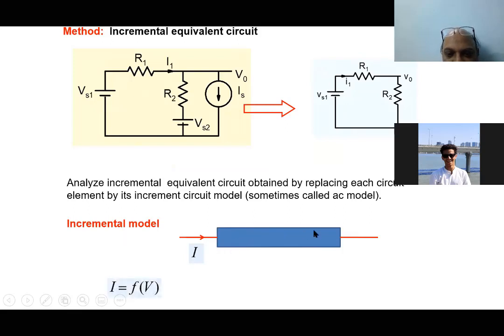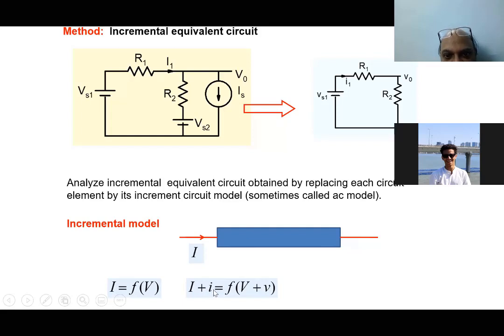Let's say there is some element, two-terminal element, and it has a relationship between current and voltage described by this manner here. If it's a resistor, then it will be simply I equal to V by R. Now, incremental model of this particular element, any element it can be, would be that if I change my voltage across this particular element by a small amount, let's say V here, then the current would change by a small amount I.